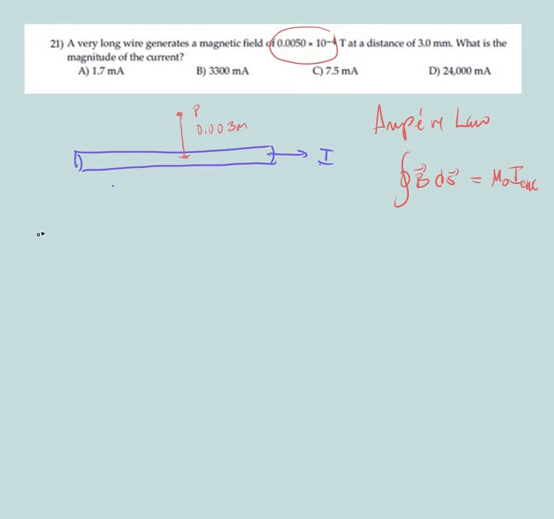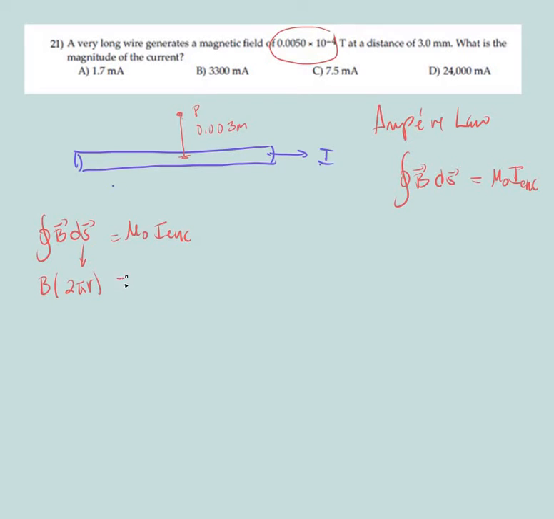Okay, so using Ampere's law, we have the closed integral of the magnetic field times ds equal to mu times the current enclosed. In this case the magnetic field looks like a circumference, right, so the distance ds will be 2 pi r. You can look at the definition, the way it is solved in the PowerPoint.